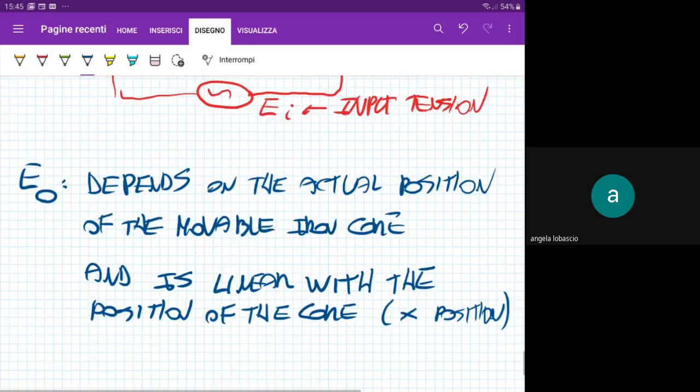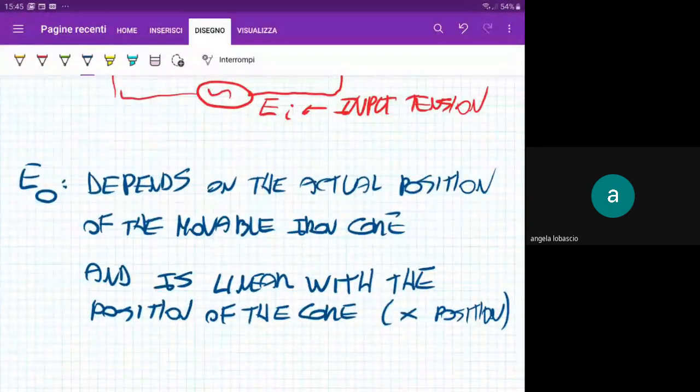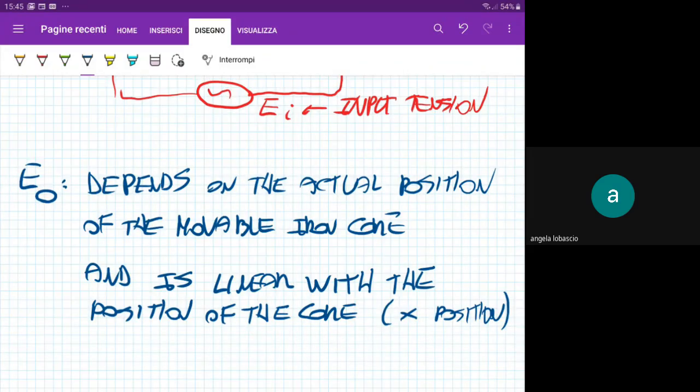And that is very nice from the measurement point of view, because once again we have a linear relation between the unknown position and the electrical physical quantity, the output tension, that is going to be measured.